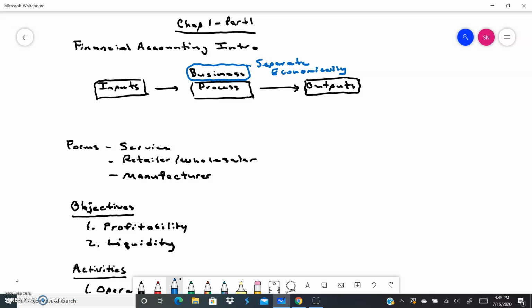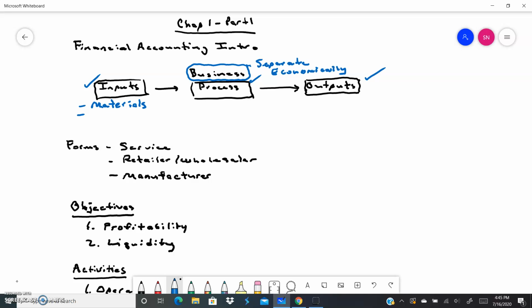Okay. So anyway, a business, generally speaking, takes inputs, processes those inputs into outputs. And typically speaking, inputs are usually materials. Think about businesses, they usually take some type of materials if they're a manufacturing firm.